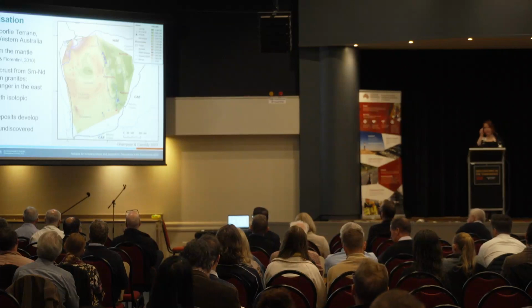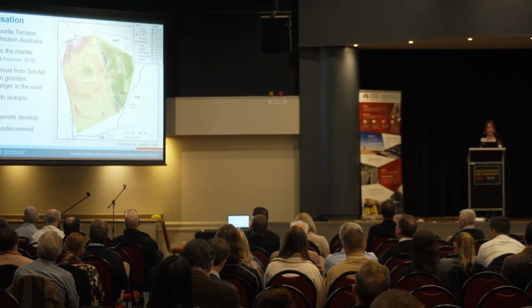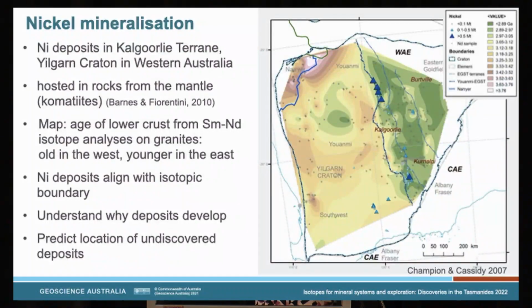So because the nickel here is hosted in mantle rocks, komatiites, there is a strong relationship between mantle influence and whether or not you're going to get a nickel deposit. And so a lot of the nickel here is along this line.